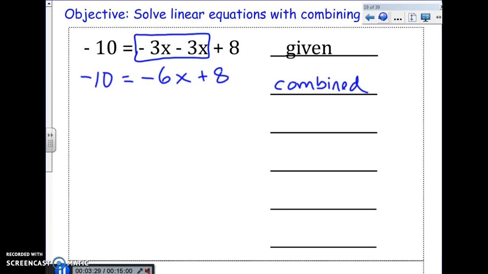Then I'm going to notice that I have to get rid of this plus 8. So to both sides of the equation, I want to subtract 8, because that is using my additive inverse property. These 8's go away.